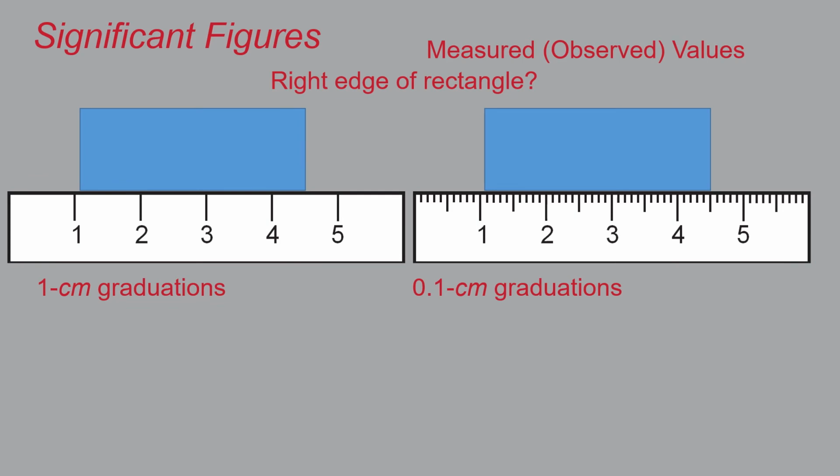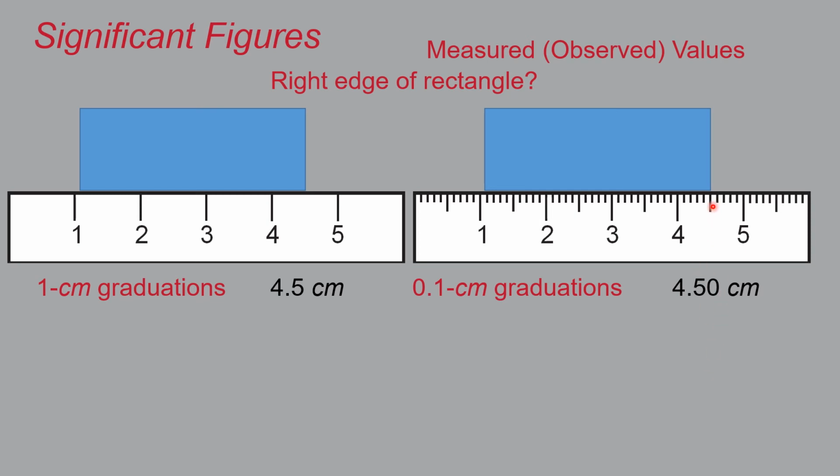Okay, this looks like it's the same thing, but it's not. You might have seen a slight shift. It is still the same object, but now I moved it ever so slightly to the left. In this case, you might be inclined to say 4.5. But the proper answer is now 4.50.